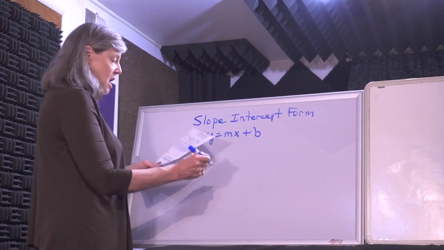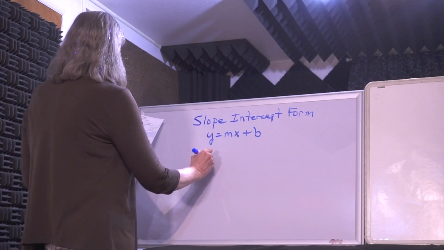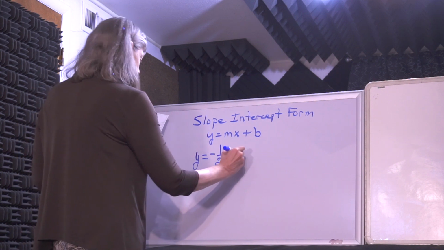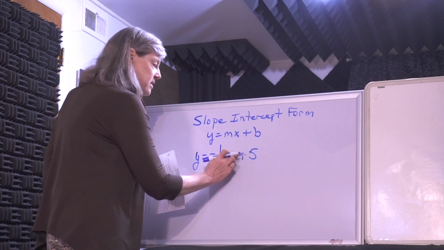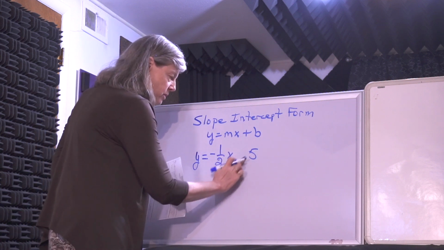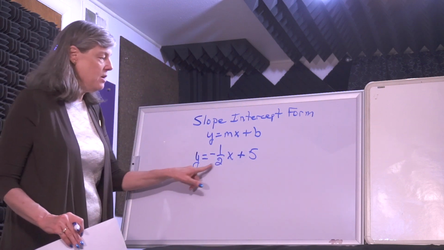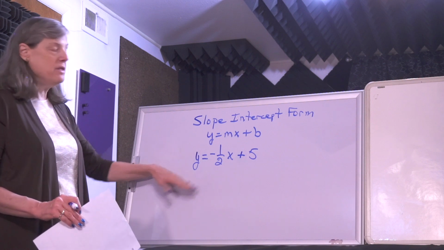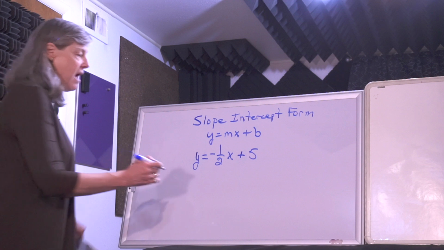So when our equation is written, so you can read it, in slope-intercept form, y equals mx plus b, there's nothing more we need to do with this except extract the things that we need to do our graph.